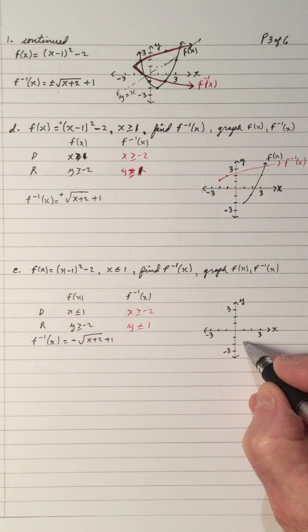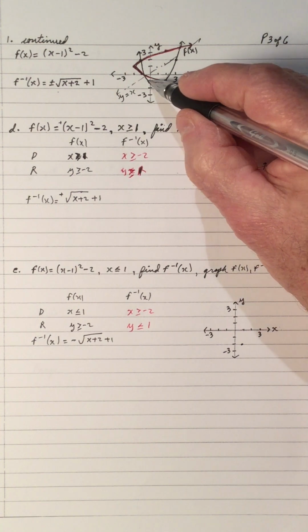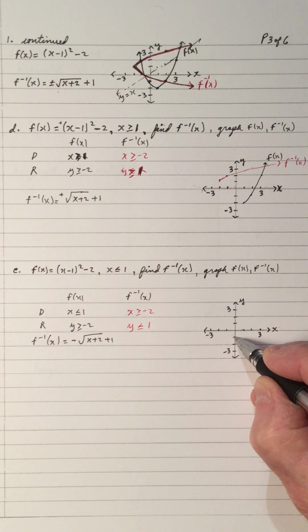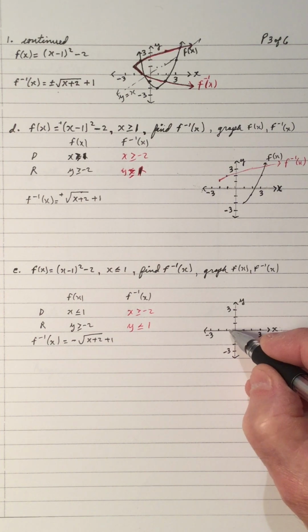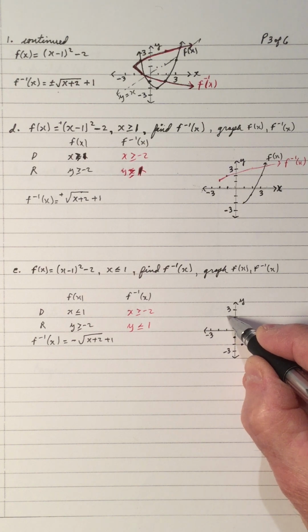So we got 1, -2, and this is the vertex here, the other point I meant to say is right here, and we have -1 is a 2.